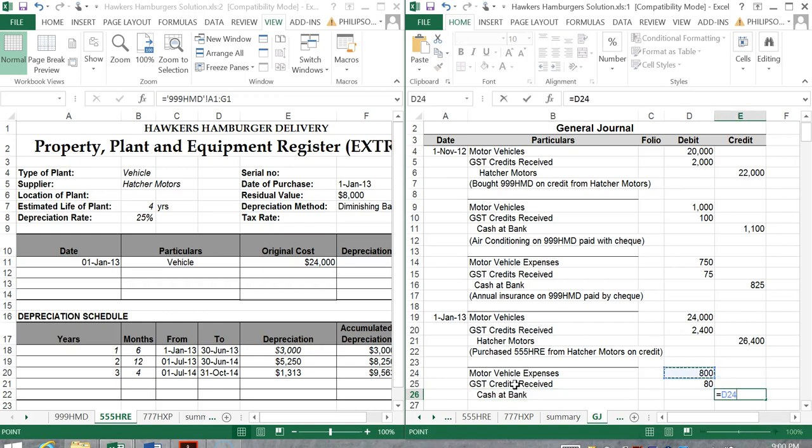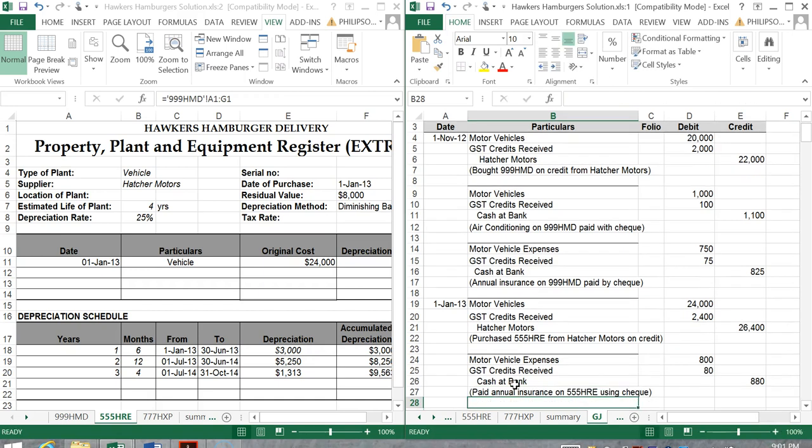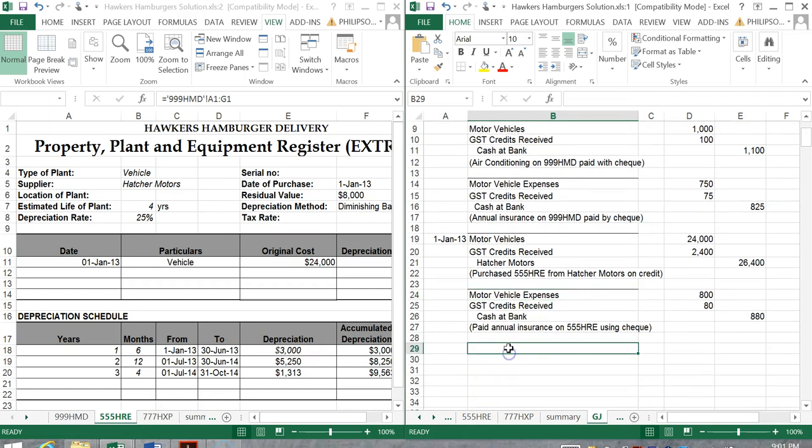And I know we can do these sums in our heads, but there we go. Paid annual insurance on 555 HRE using check. Alrighty, and so there was no other transactions in relation to 555 HRE, and that would be it.